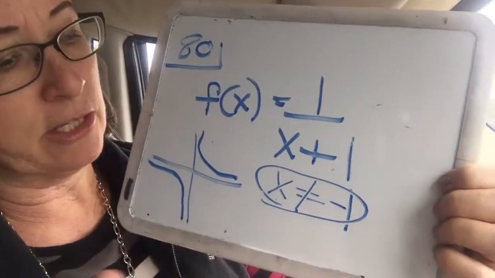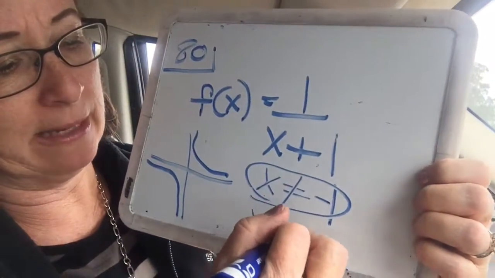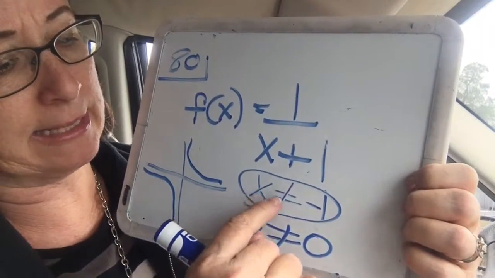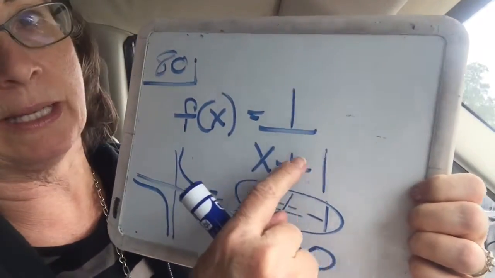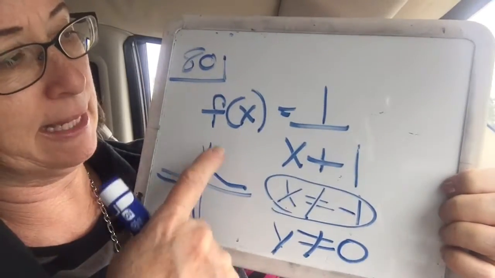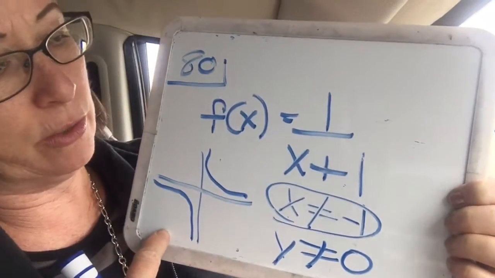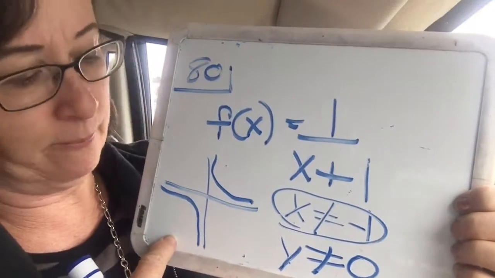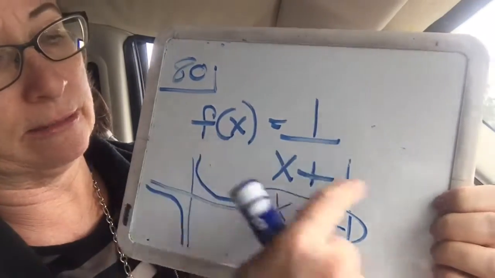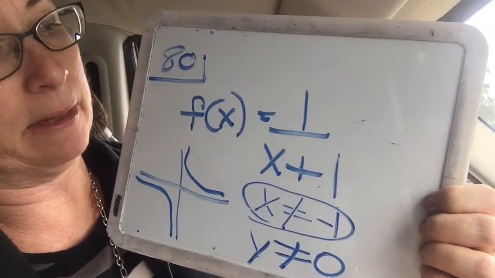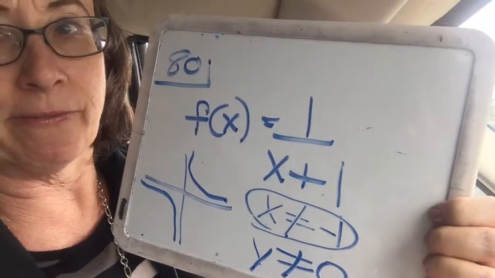And it's not. So we're going to have y cannot be 0 either. Okay, so x cannot be -1 because this one has been slid over, but because this function is actually this function just slid over to the left one, it's still got the y cannot be equal to 0. So that's going to be your domain, but we're going to graph it on the graphing calculator.